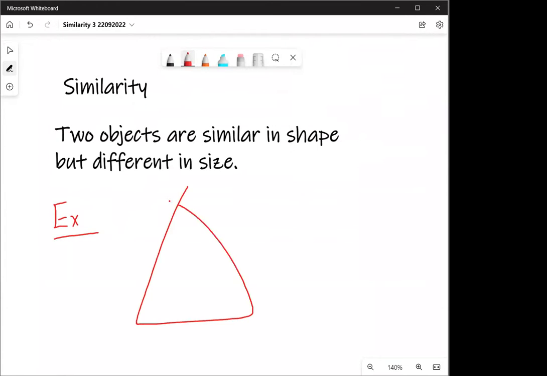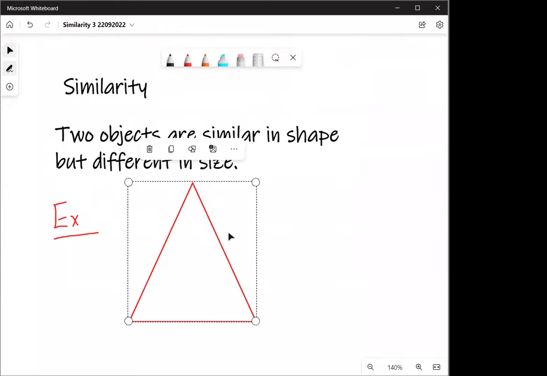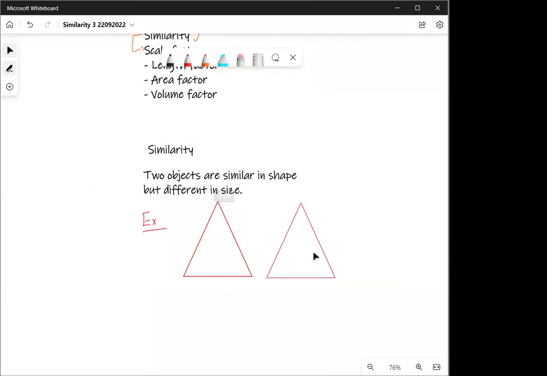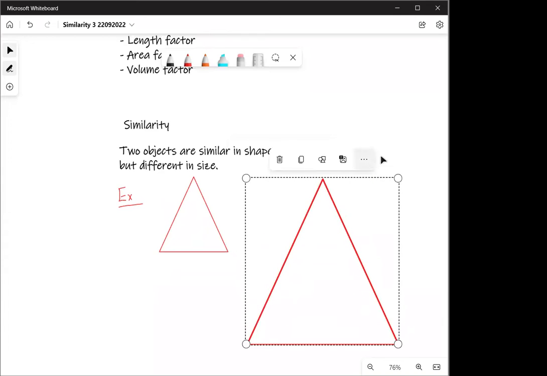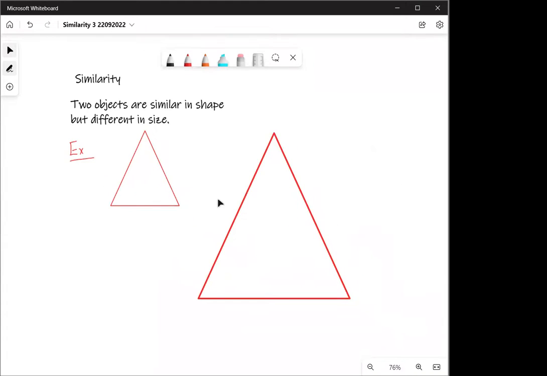perhaps let's look at this. Now these two triangles are exactly the same because I copied them and I pasted it. But if I make this big, now these two shapes will be similar. Why? Because shape 1 and shape 2 have the same exact shape, but they are different in size.